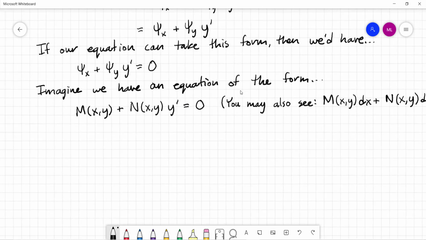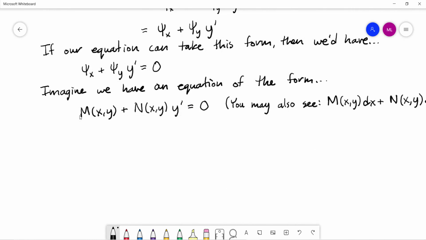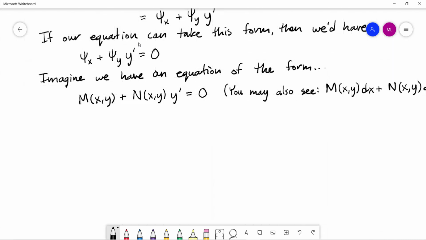Okay, so if this is just some generic equation, we have some piece sitting by itself, some other piece multiplying the y prime, and we can relate it so that this equation winds up pairing up and matching piece by piece with this equation up here. And we can find the psi such that these things match up.